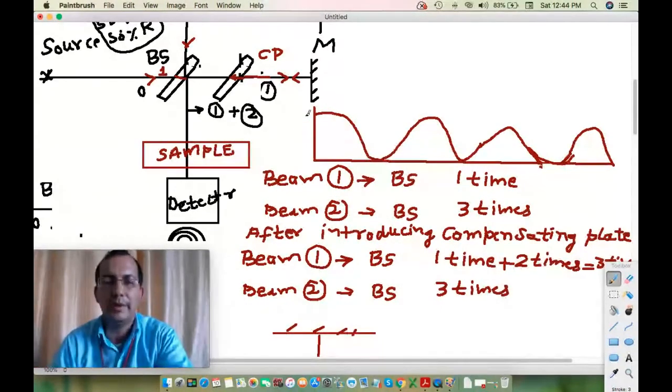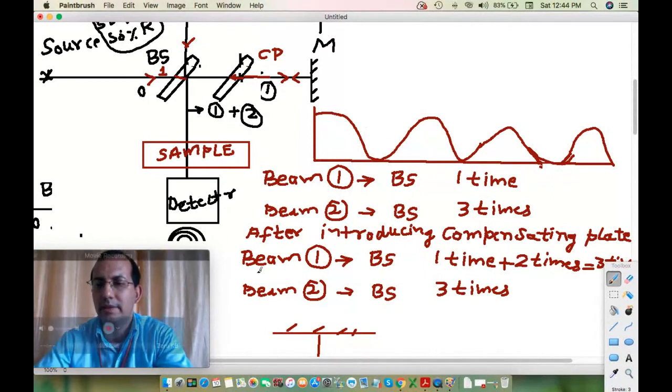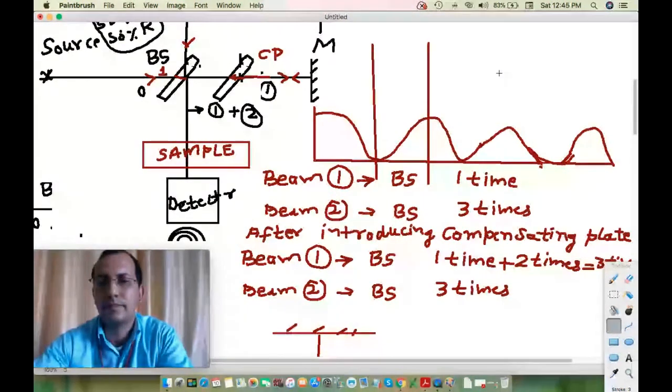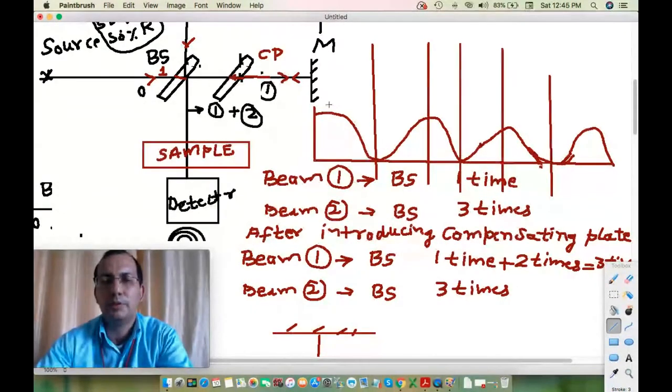Okay? So you would have here, what you are trying to do, you are trying to move it, let's say, on this position. So these positions, like this position, then this position, again you have this position, you are moving your mirror. Okay, but make sure that they are equally spaced in this case.